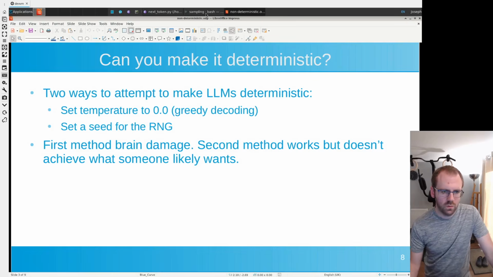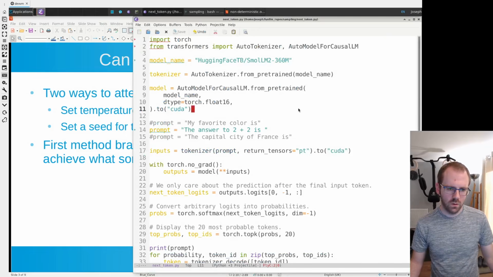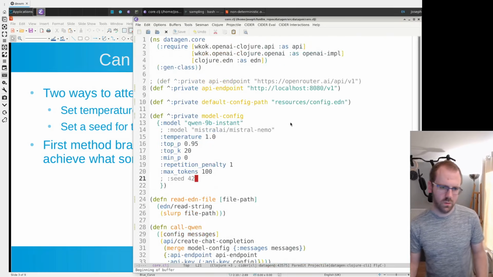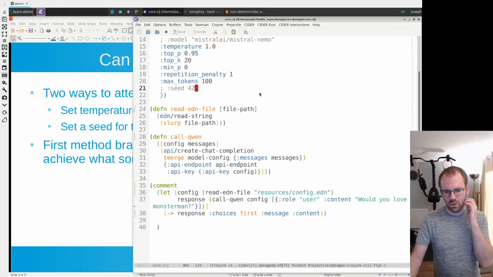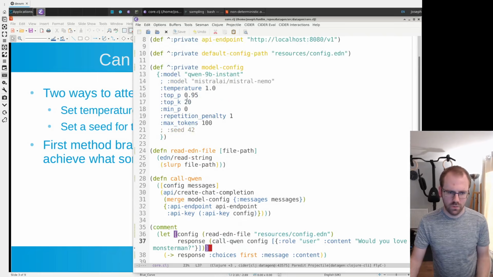So I've got another demo to show that. This is a Clojure script. Again, you don't need to really read the code, but all this script does is it lets us call a large language model with a prompt and different sampling settings.